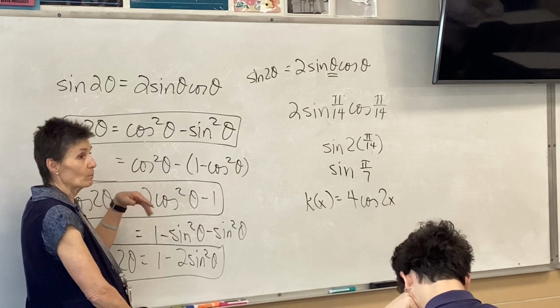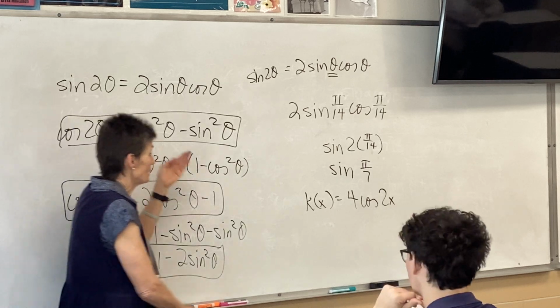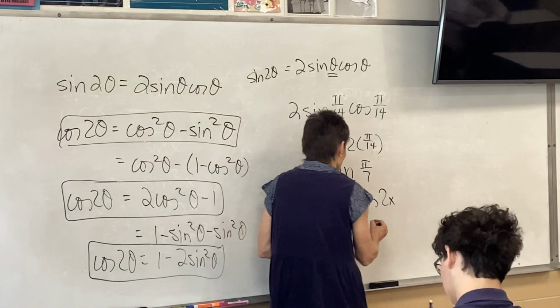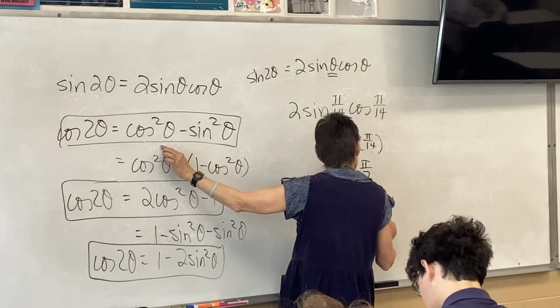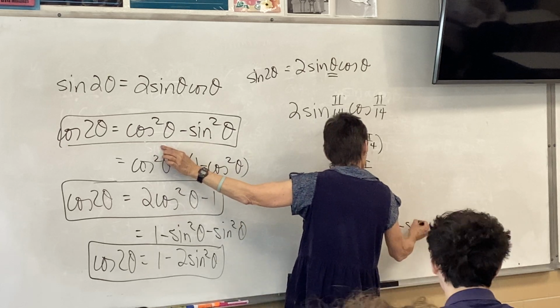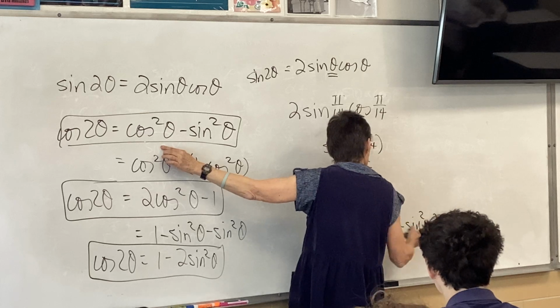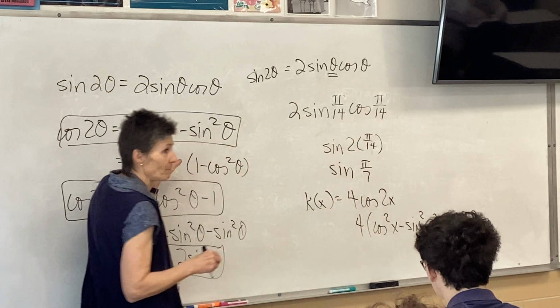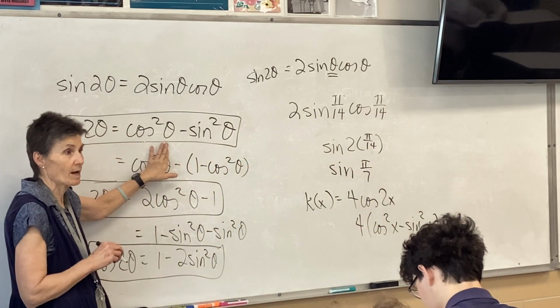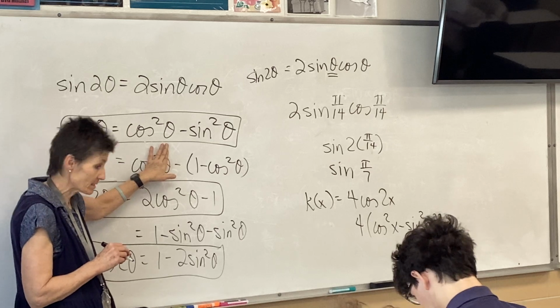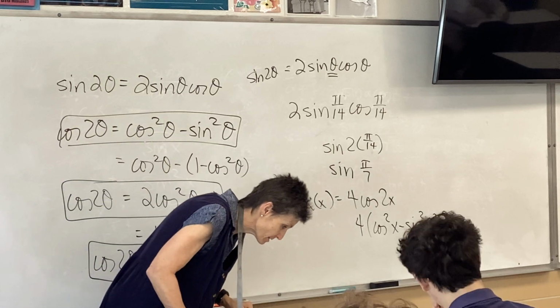I'll just try that one first. So 4 times cosine squared minus sine squared. Is that an option on my paper? Is that one of my multiple choice options? I didn't think it was.